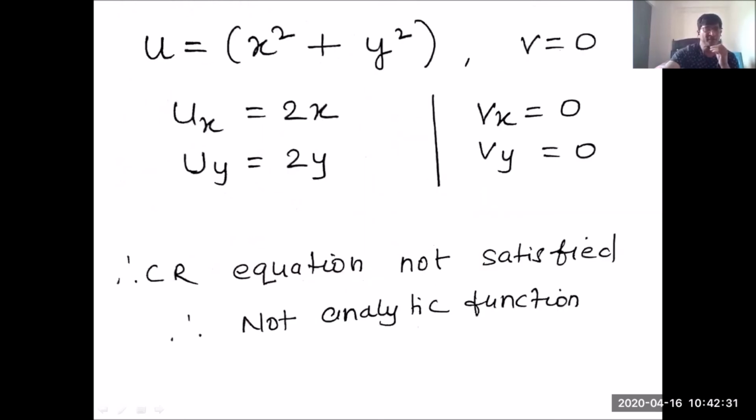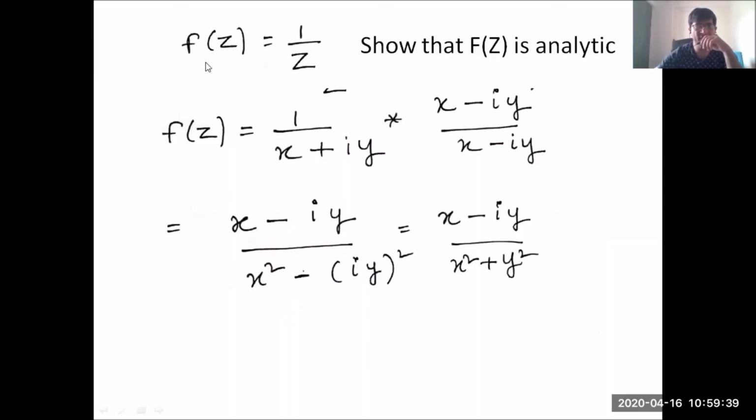After finding ux with respect to x, we get 2x, and with respect to y, we get 2y. Since v is 0, vx and vy would be 0. So again, the properties of CR are not satisfied, and therefore we can definitely call this a non-analytic function.